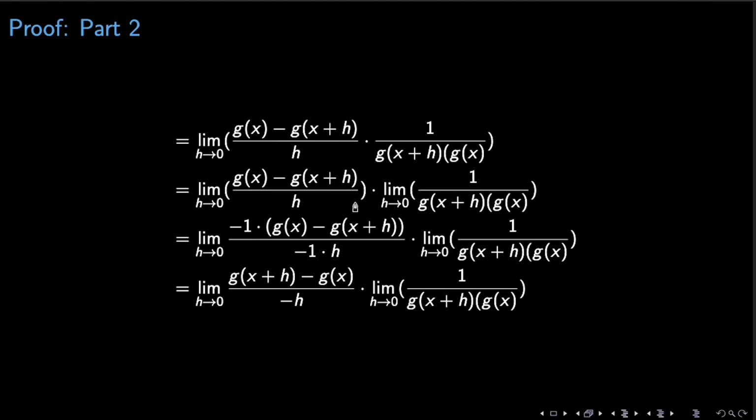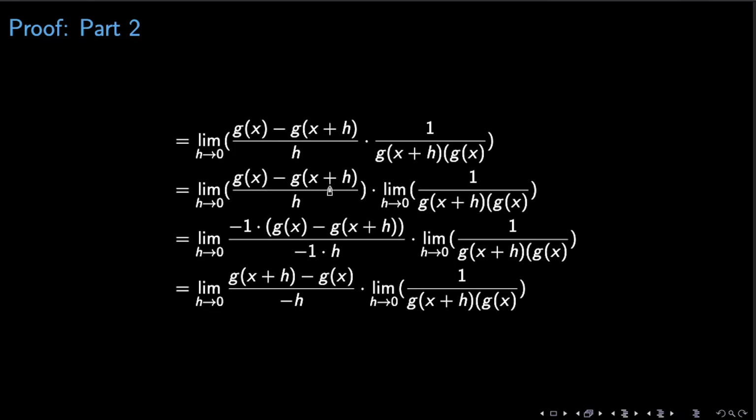This is really just creativity. So what we get is the limit as h approaches 0 of g of x minus g of x plus h over h, where this originally was 1 over h, times 1 over g of x plus h times g of x.